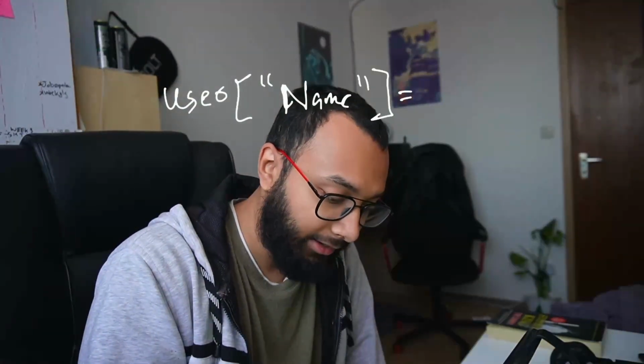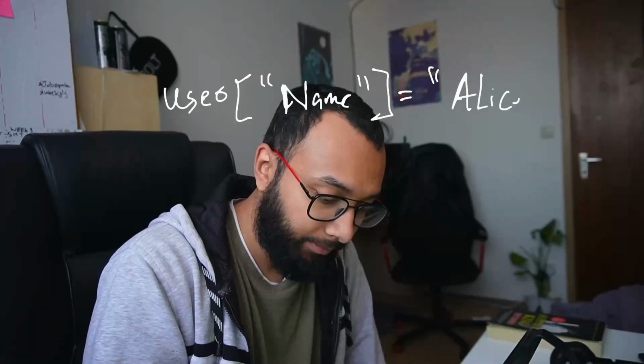For example, if you want to change the name in the previous example from Tom to Alice in the dictionary called users, you just access that specific value by saying user name, and you put in the new name.